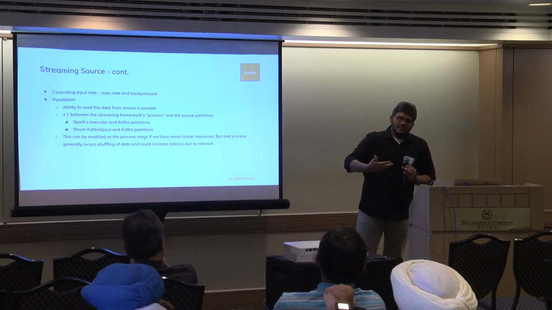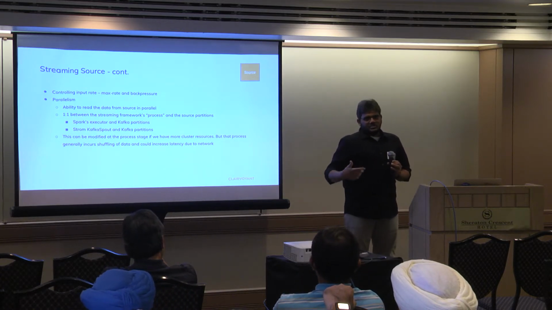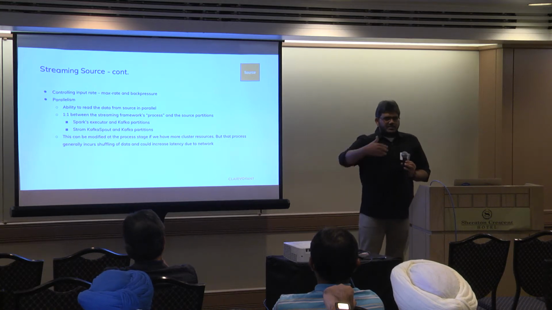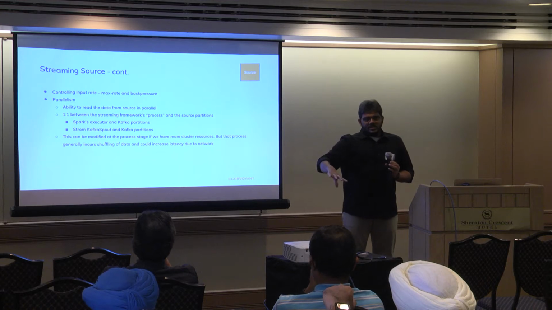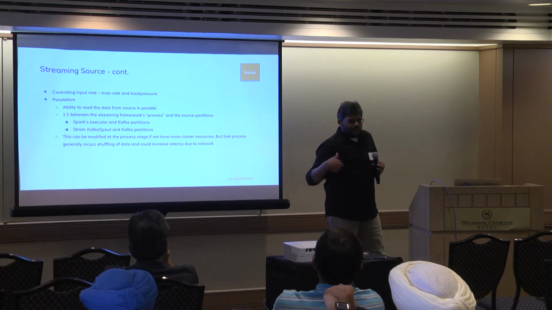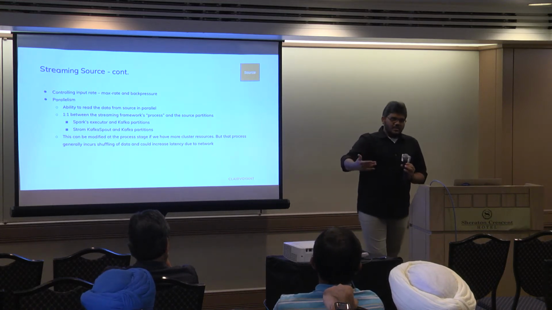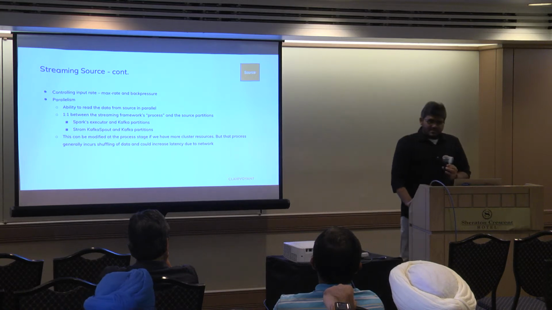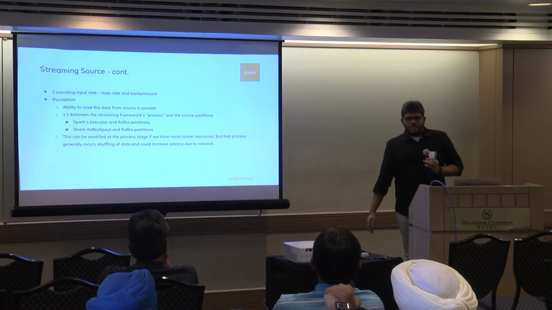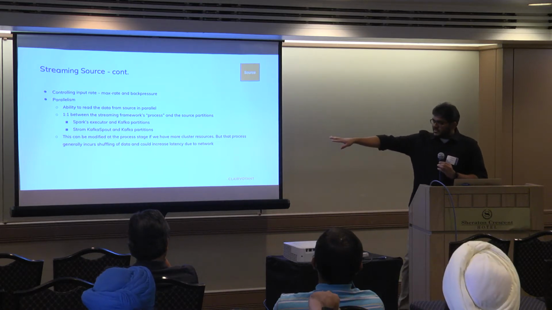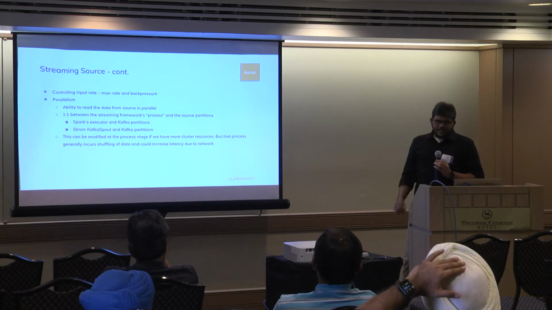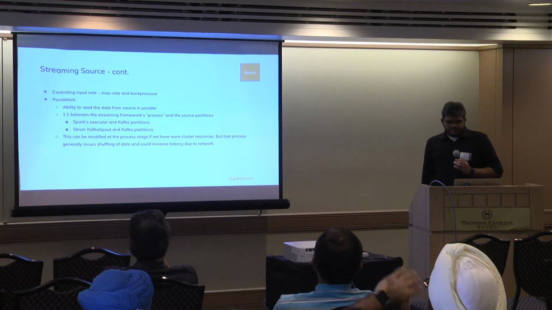The maximum parallelism you can get at the source is one-to-one, but you still have 10 more available. You can reshuffle the partitions and increase to 20. At this stage, you have 20 partitions doing all the things in parallel. But before you reach that stage, you are doing shuffling of the data, right? So that increases the network latency. You need to take care of that if you want to increase the parallelism. So that's one of the takeaways here.